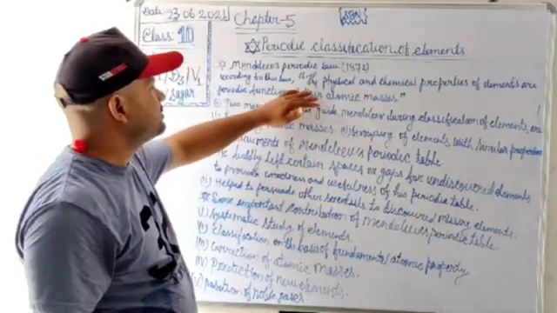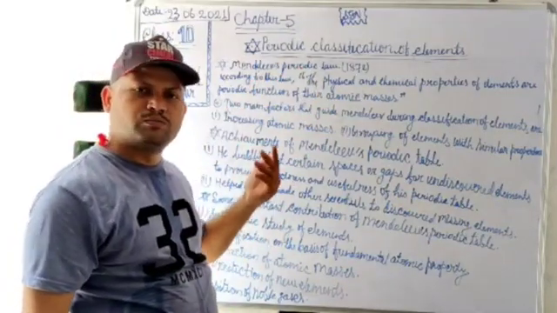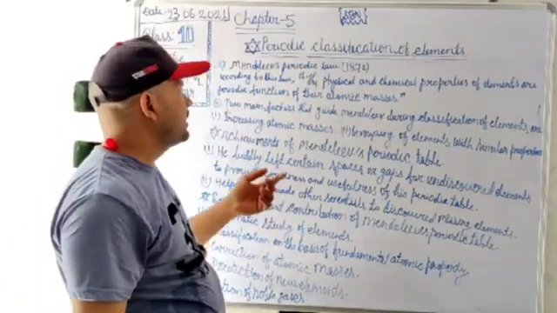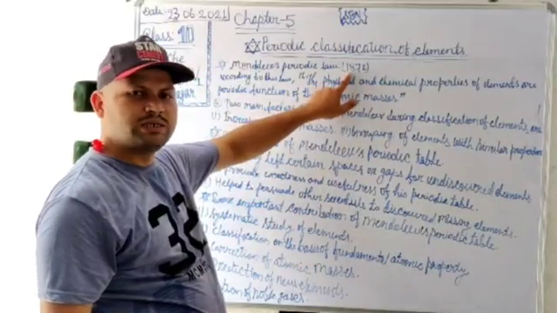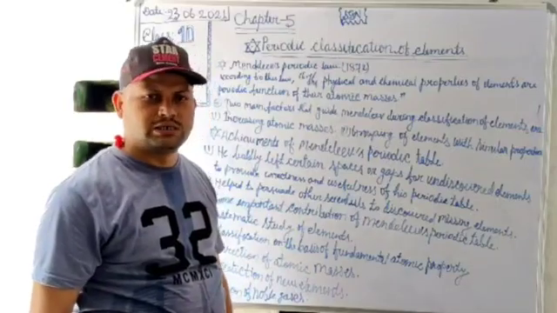So this is known as the periodic law, which was proposed by Mendeleev, and it was published in 1872 in a German journal.